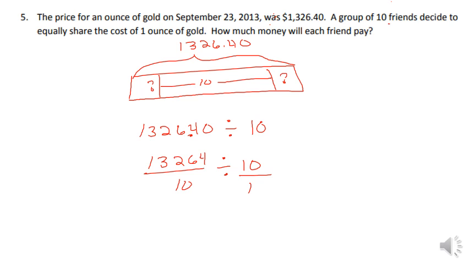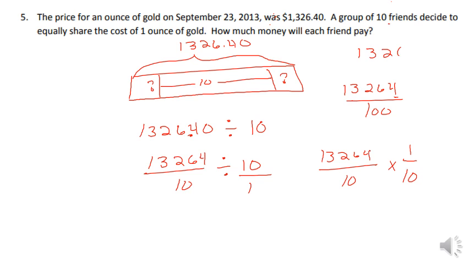So if I'm dividing by this fraction now, what I have to do is 13,264 over 10, and I want to multiply, so I'm going to flip it around to 1 over 10. So we'd end up with 13,264, and 10 times 10 is 100. So that's going to tell me this 4 has to go in the hundreds place. So 13264, and the 4 has to be in the hundreds place, so it'd be right here. So each person right here would have paid $132.64.